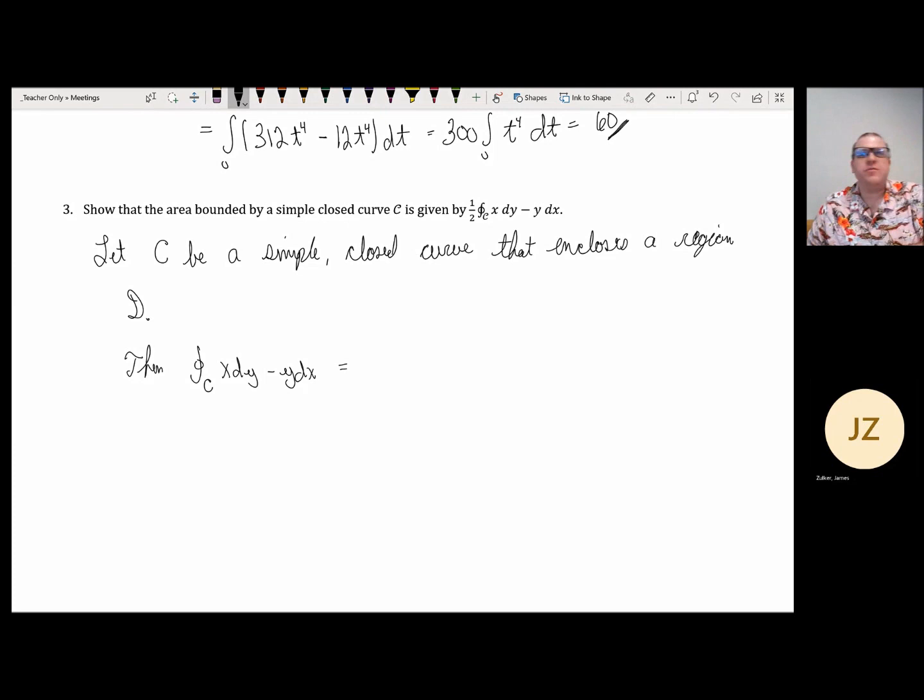So C is a simple closed curve, it's enclosing a region D. So we can use Green's theorem. It'll be the double integral over that region of partial x of x minus partial y of negative y.